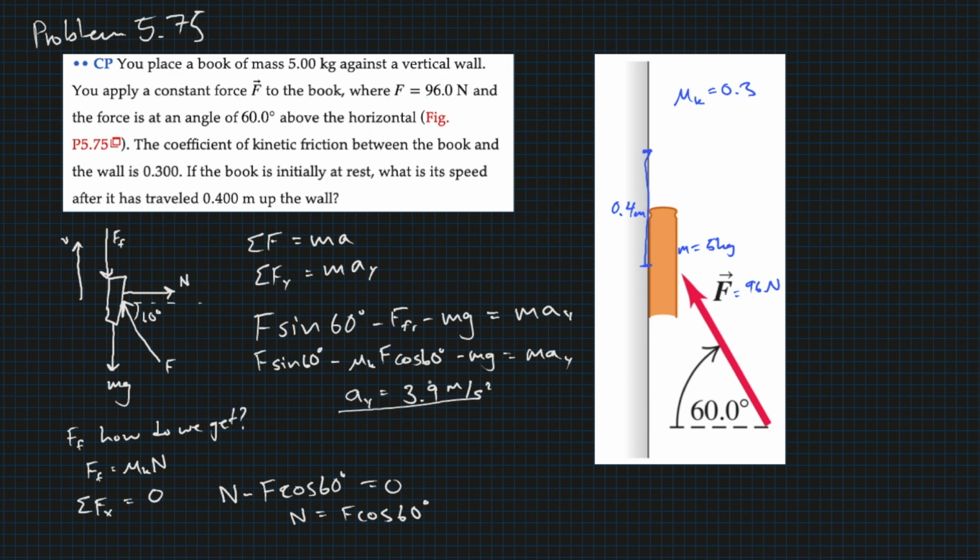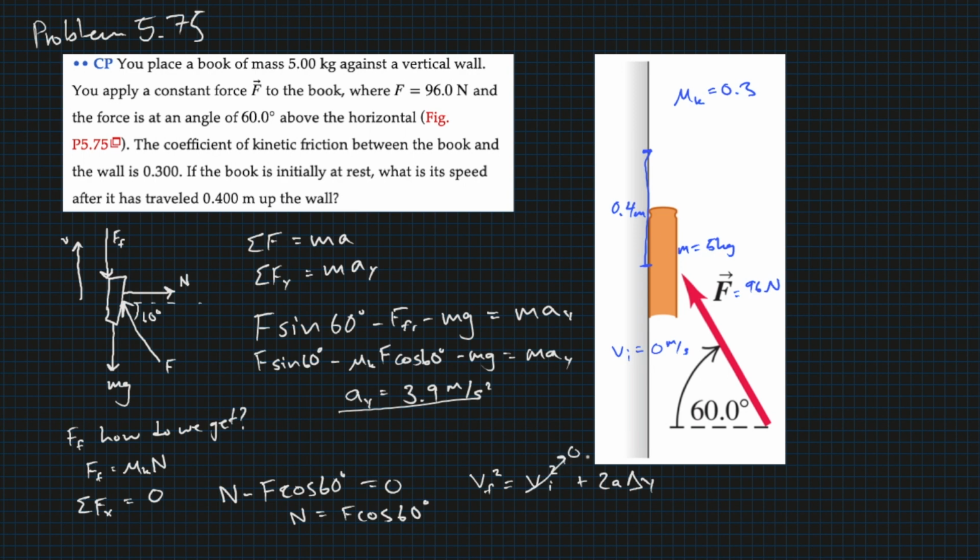Then we can finally answer the full question, which is what is the book's final speed if it started from rest? Its initial velocity vi was 0 meters per second, it traveled 0.4 meters, and now we know its acceleration is 3.9. How do we find its final velocity? We're going to use that kinematic equation that we saw before. V final squared is equal to vi squared plus 2a delta y, the change in displacement.